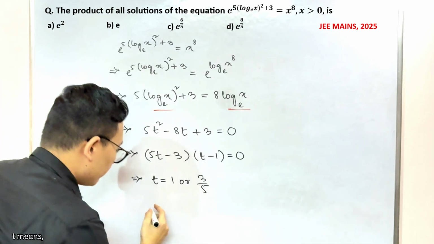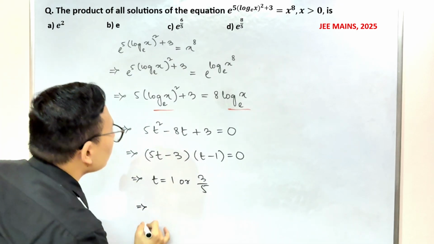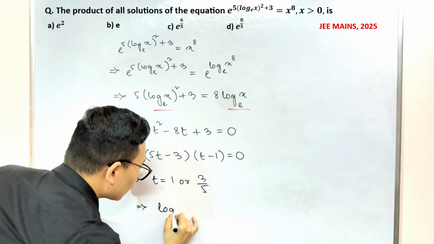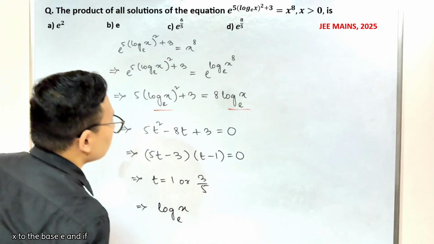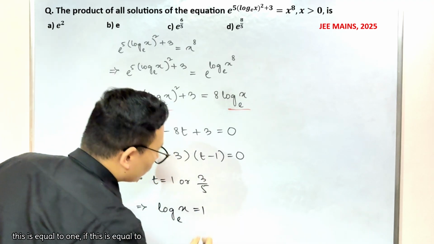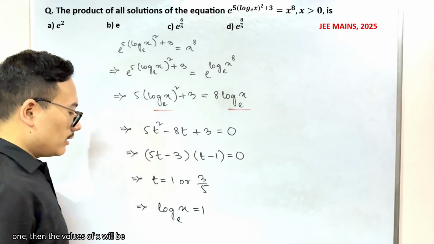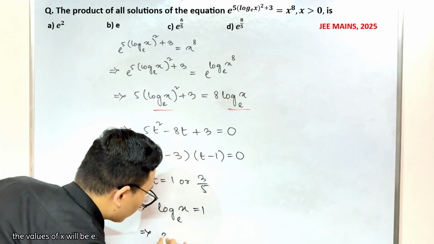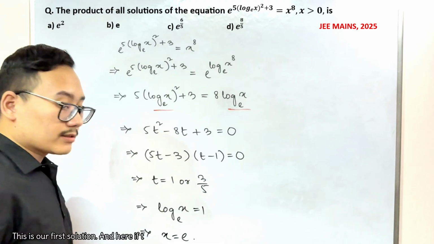So t means log x to the base e. If this is equal to 1, then the value of x will be e. This is our first solution.